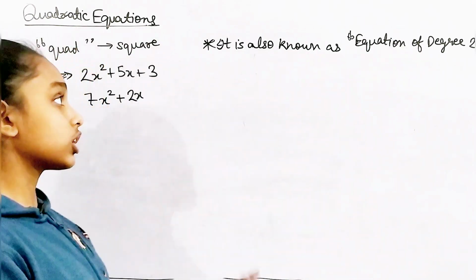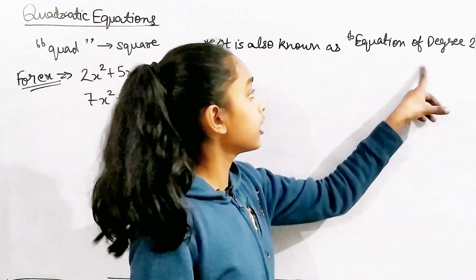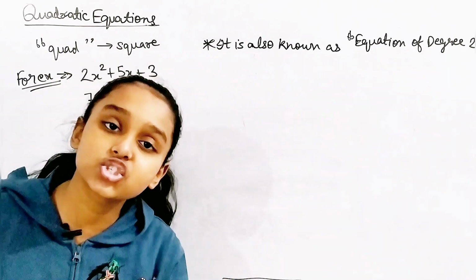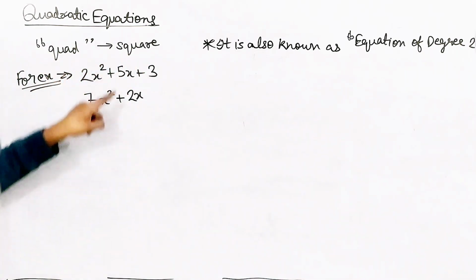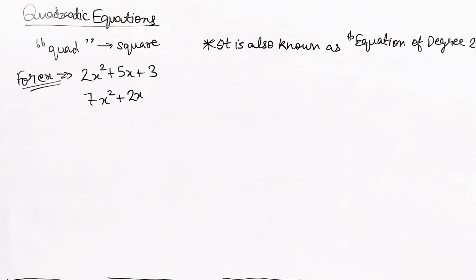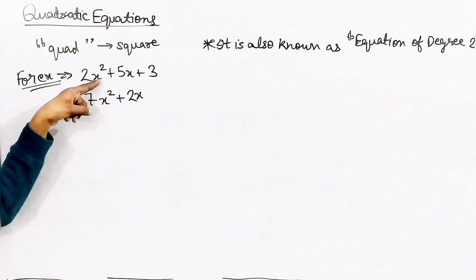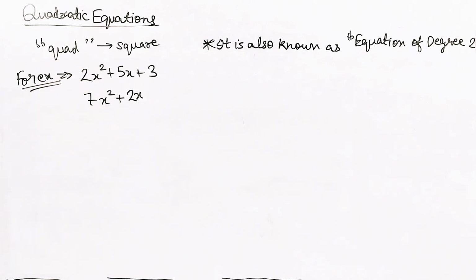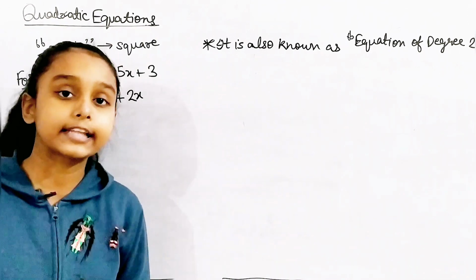Now the question comes up, why is it called the equation of degree 2? It's just because of this x to the power 2, where our power is 2. That's why, because of this 2, which is the power of x, okay?